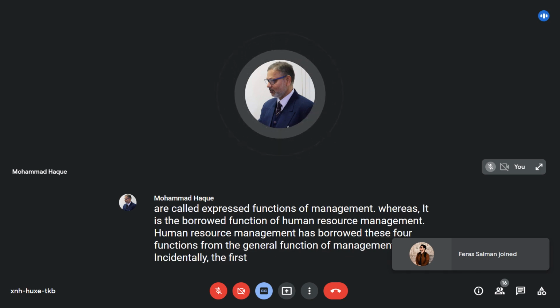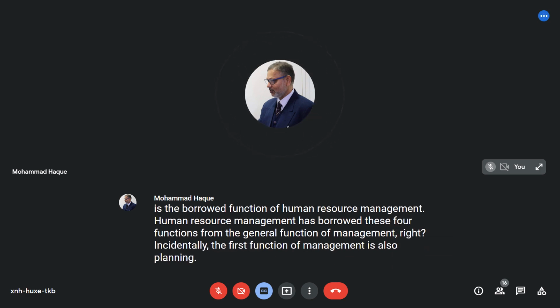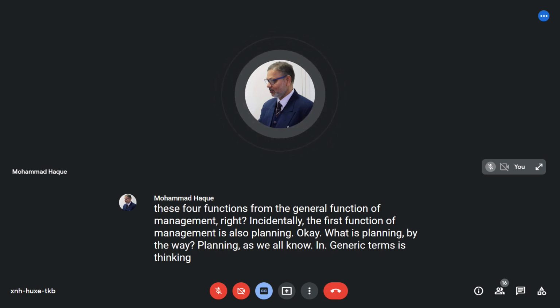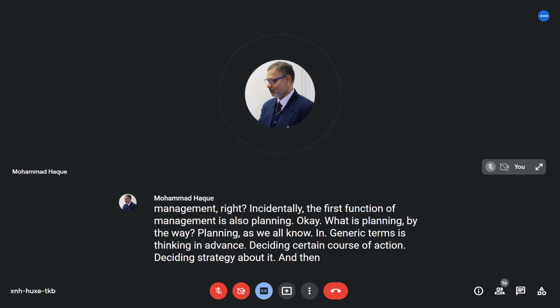Incidentally, the first function of management is also planning. Okay. What is planning, by the way? Planning, as we all know, in generic terms, is thinking in advance, deciding a certain course of action, deciding a strategy about it, and then implementing it later on.